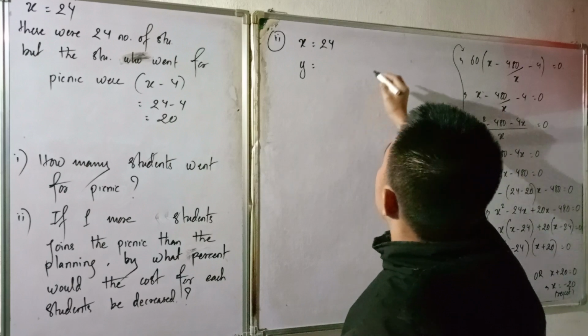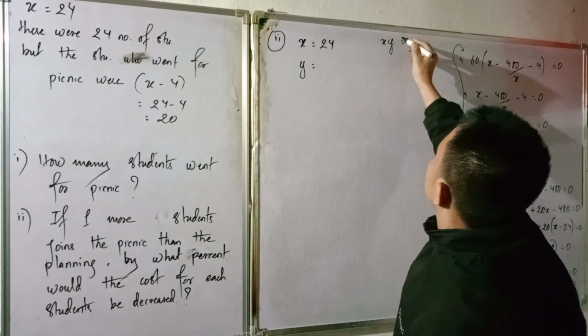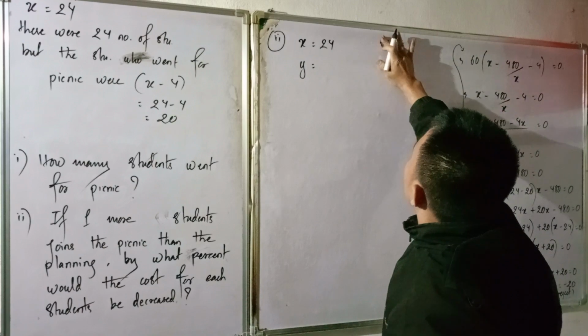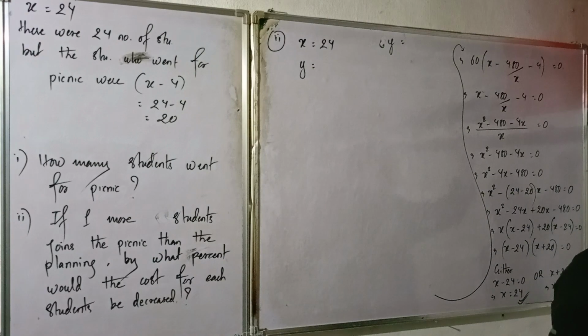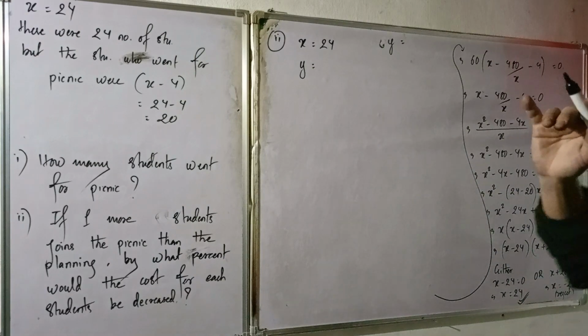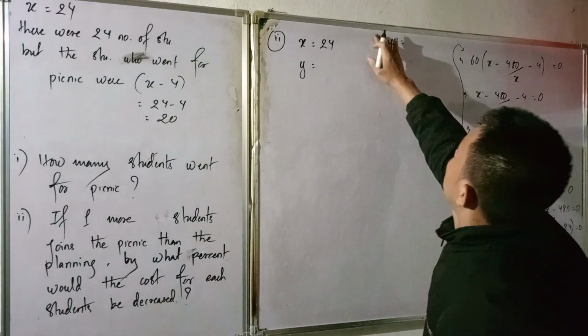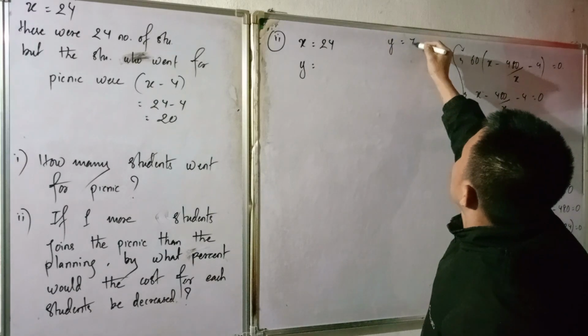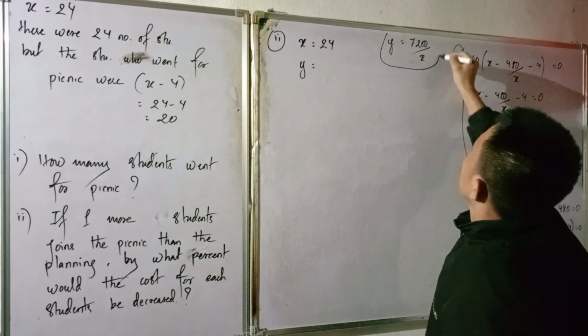From part I, we had 7200 divided by x, this was the equation.